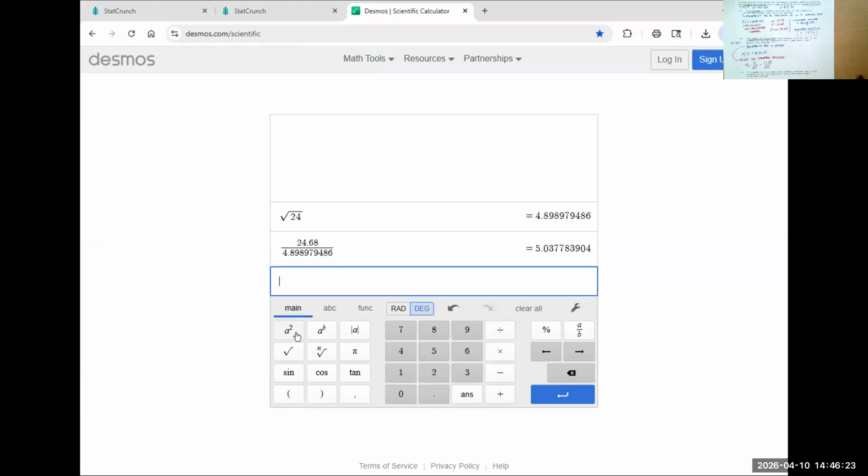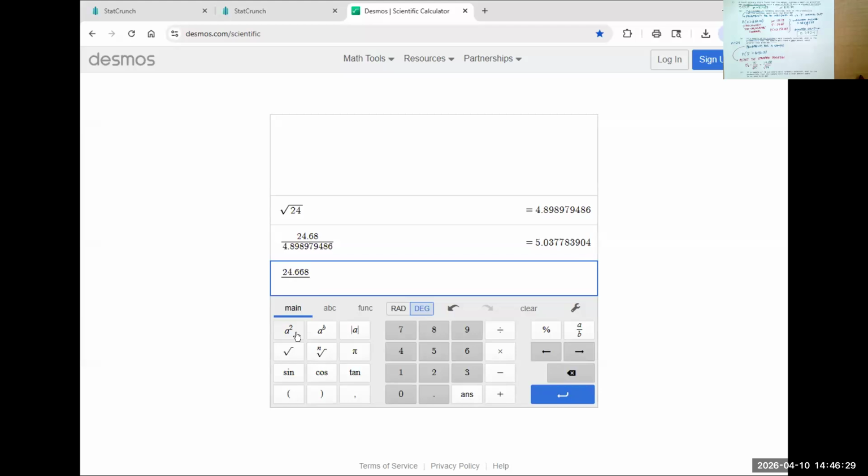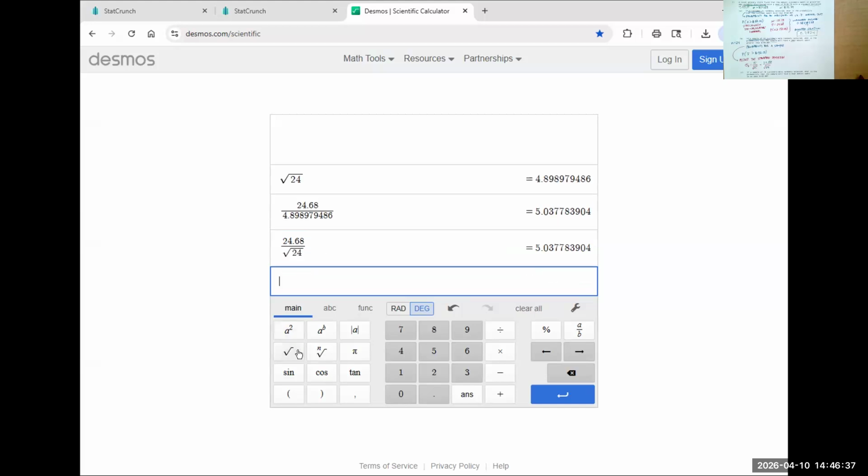Or with Desmos or a scientific calculator, graphing calculator you might have at home working on this, we can do that division all together. Make sure I don't mistype, like I said, though. There we go. Dividing that by the square root of 24, right? That same long decimal result, this 5.037783904.